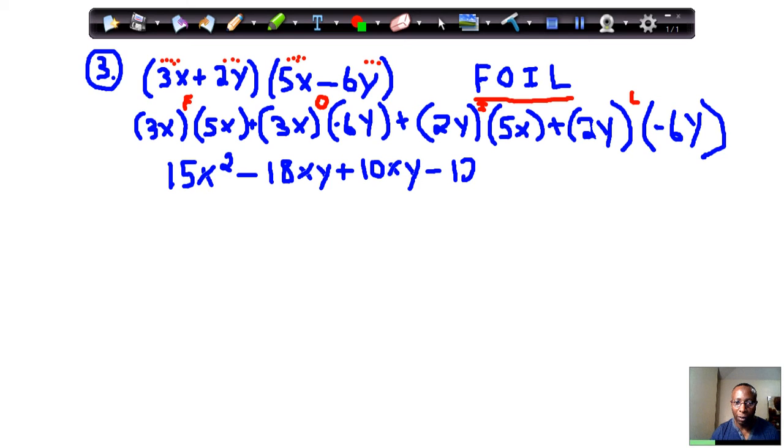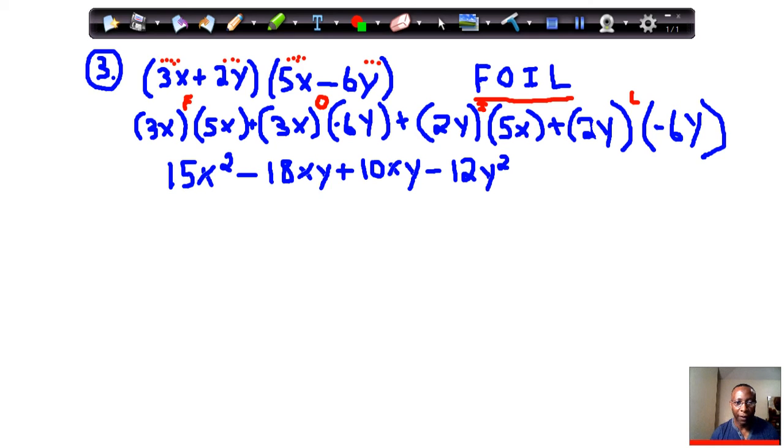And then look what happens. There are two y's, so we're going to have a negative 12 what? Negative 12y squared, right? Some people say square, and some people say to the second power. Means the same thing. If this was a 3, we would call it cube, or some people would say to the third power.